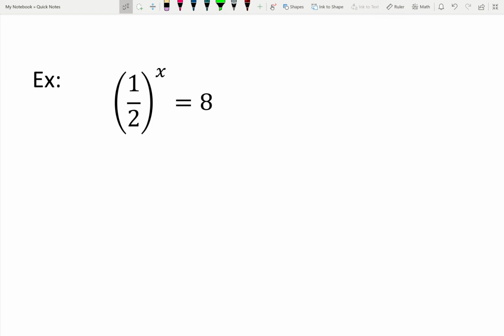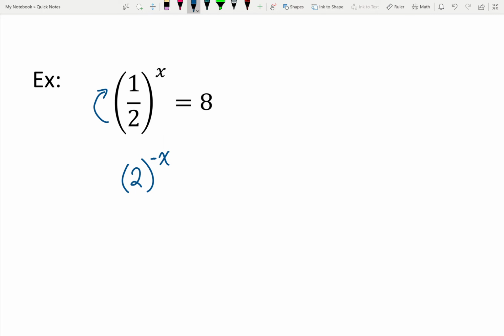Okay, so anytime I have a fraction, I try to get the denominator back on top. So I want to rewrite this as 2 to the something power. But because I switched this 2 from the denominator to the numerator, I have to throw a negative in front of my exponent. Remember we said that, I think, in the last lecture?